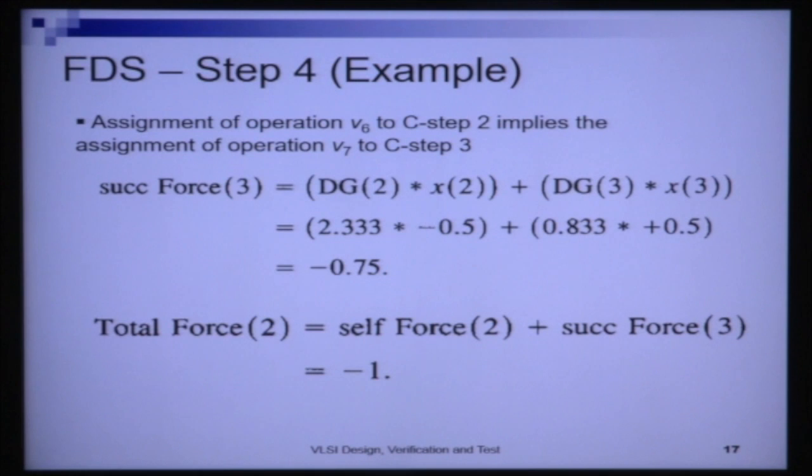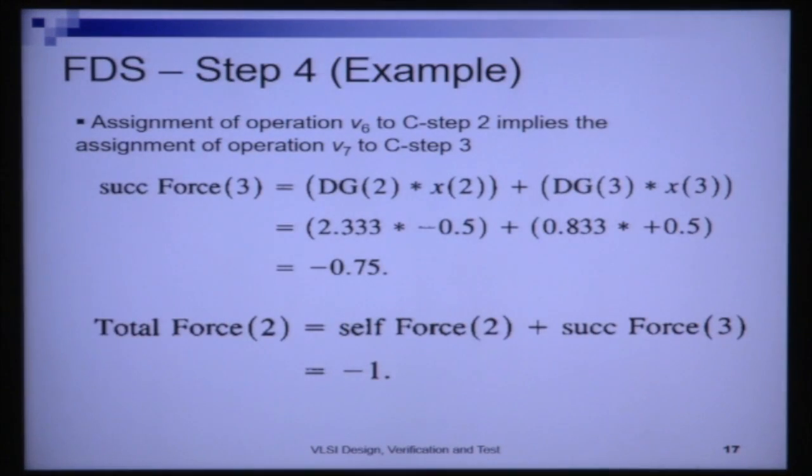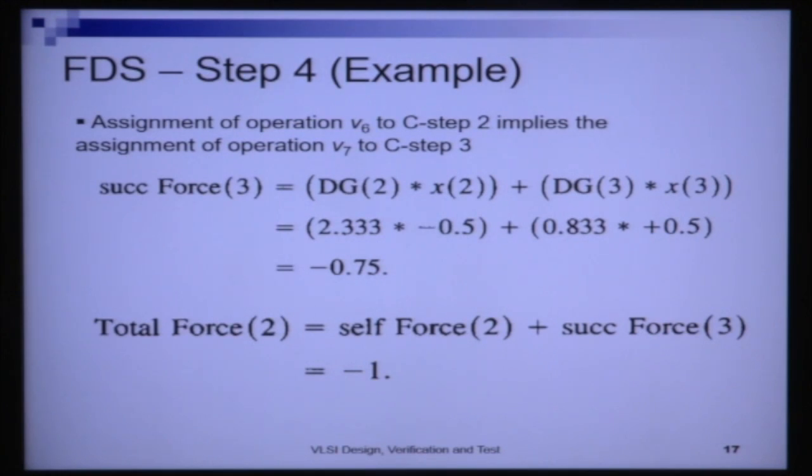If I do that, then dg2 is 2.333 multiplied by x2, which is minus 0.5. So, 2.333 into minus 0.5 plus 0.833 into plus 0.5.